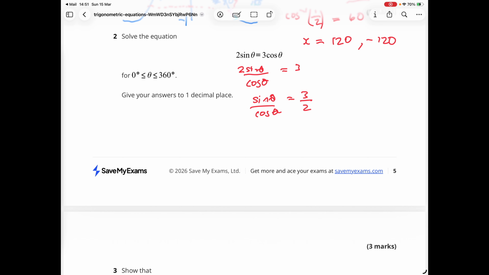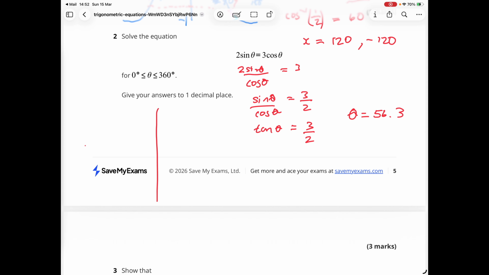We know that sine theta over cos theta equals tan theta, so tan theta equals 3 over 2. Now let's find the inverse of tan of 1.5, so theta equals 56.3. I'm going to give answers to 1 decimal place.